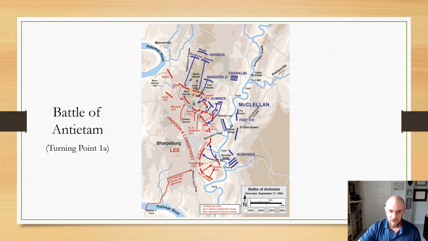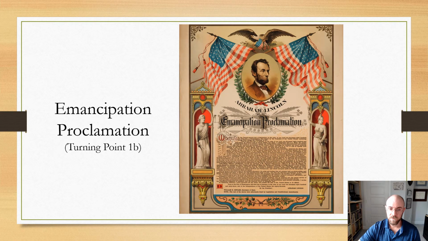So the Battle of Antietam itself is the first major turning point. But as a result of the Battle of Antietam, we're going to get the Emancipation Proclamation. So this is the second half. So even though the Battle of Antietam was technically a loss for the Union, like strategically, Robert E. Lee retreated, so officially the Union won.